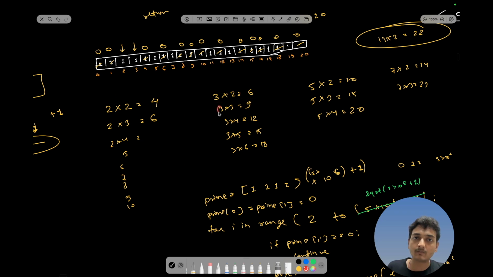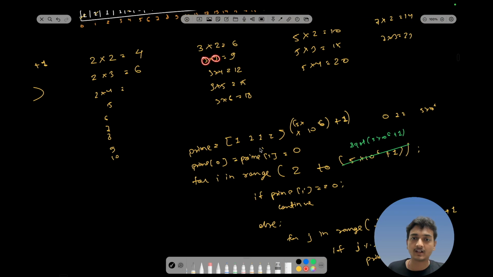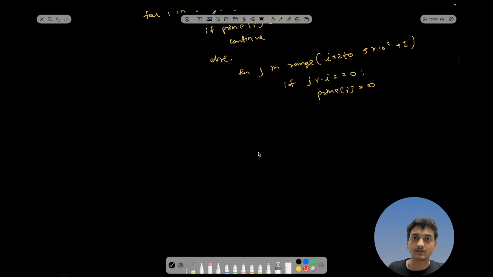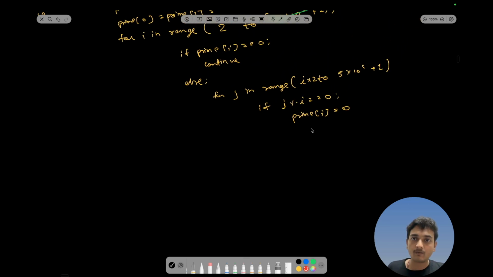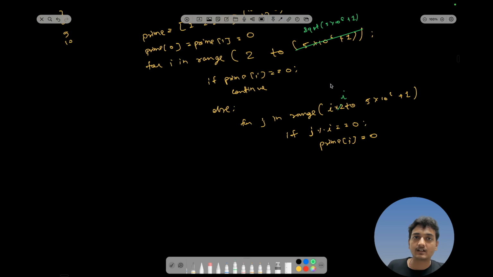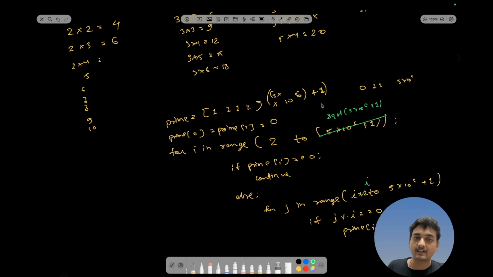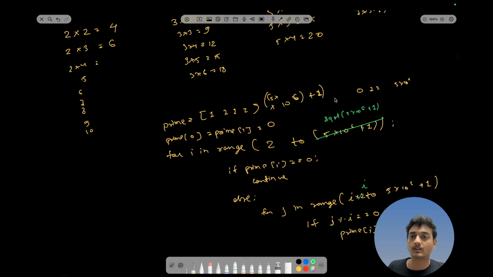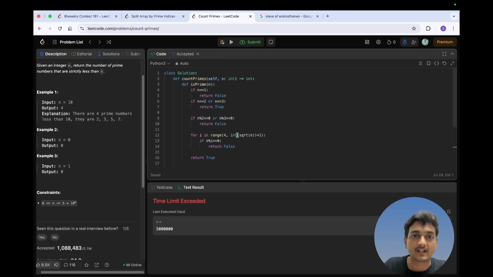So instead of going from 2 into i, I can go from i into i. That is another optimization, and that way I think we can definitely count the sieve of primes. Let's try to write code for it and see whether that is working fine or not.